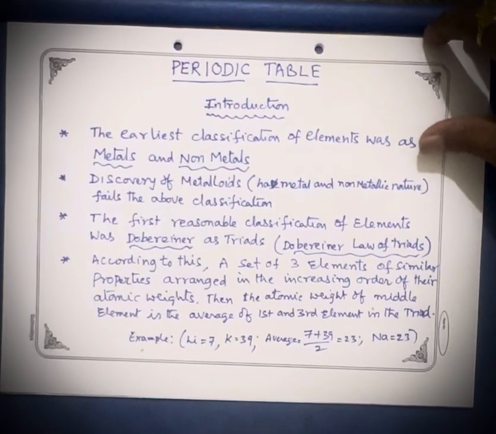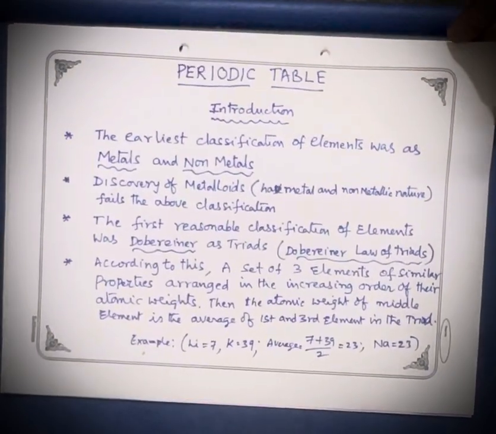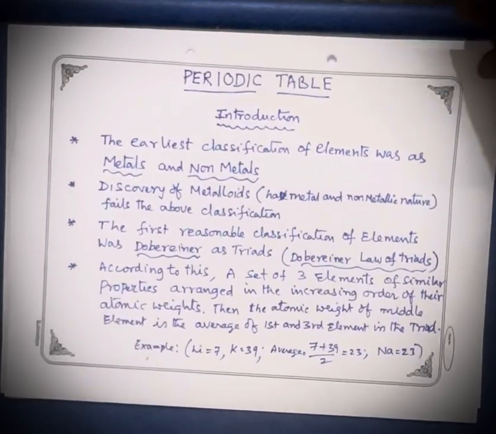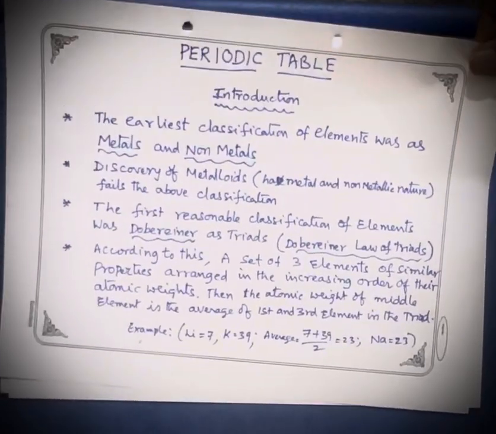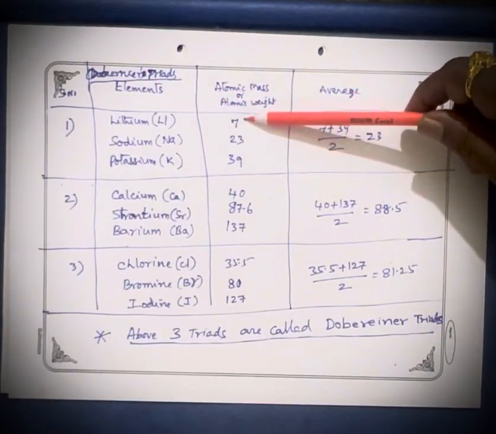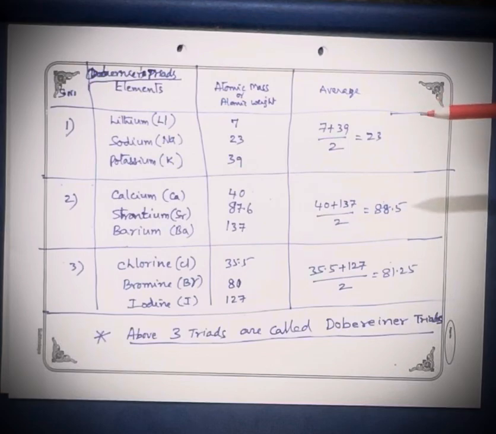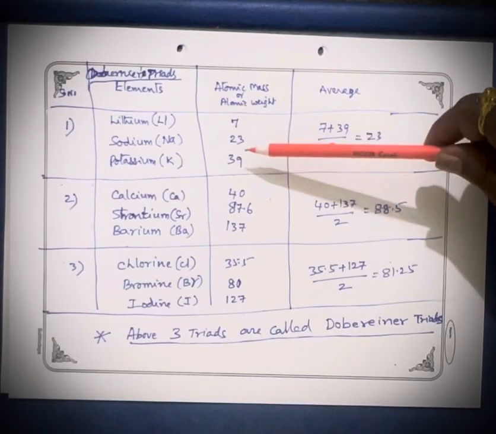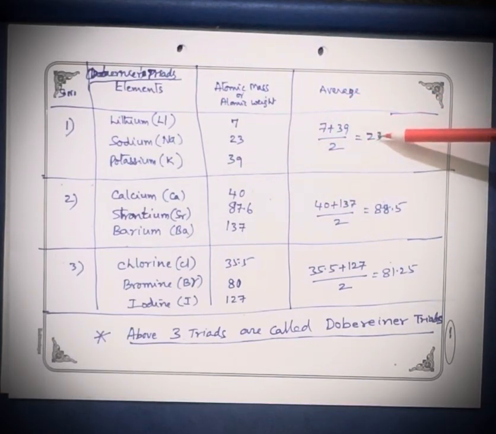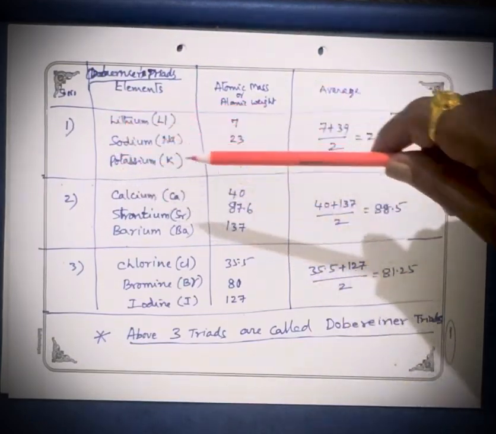These sets are actually called Dobereiner triads. For example, lithium 7, sodium 23, potassium 39. The average, 7 plus 39 by 2, is equal to 23. So this is the first Dobereiner triad.